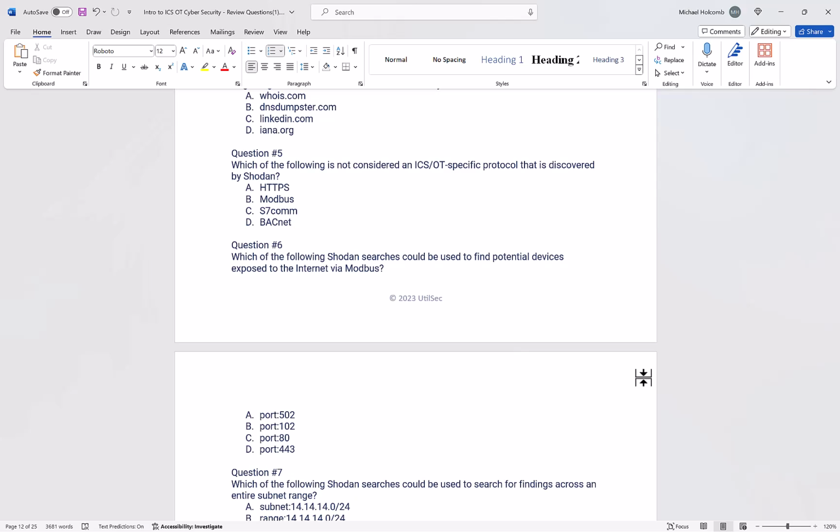I should be a little bit more specific. I think ICS OT specific versions that run over TCP/IP, right? Because Shodan only scans the internet. The only thing we're going to see on the internet is anything talking TCP/IP, right? So traditional ICS OT protocols that don't run on IP, they're not going to show up, right? So I should adjust this question.